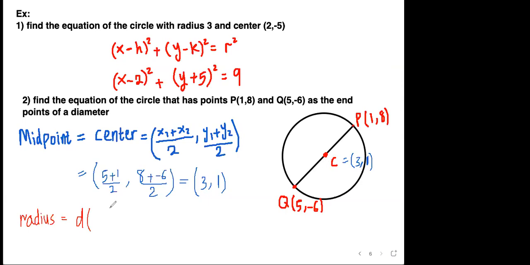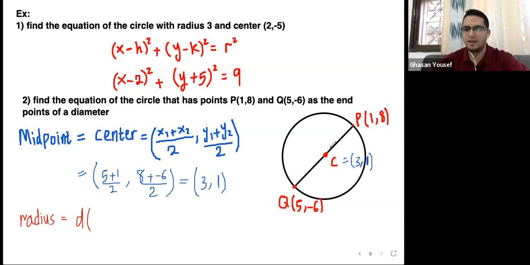I can find the radius as the distance between C and P, or between C and Q. He chose C and P. And we know the formula. The formula is the square root of what?